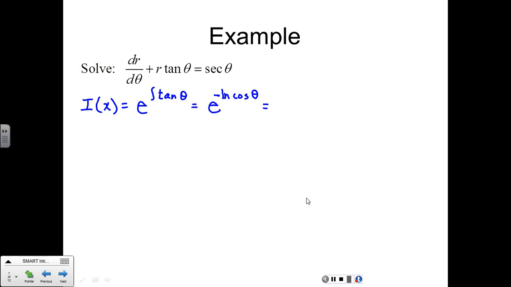He said it's 1 over cosine. That's right. What's in front of an ln? Whatever's been pulled out in front, it's an exponent. So what's in front of that ln? Negative 1. The power then becomes negative 1. This is cosine of theta to the negative 1, which Austin said was 1 over cosine. What is 1 over cosine? Secant theta. So my integrating factor this time is secant theta.